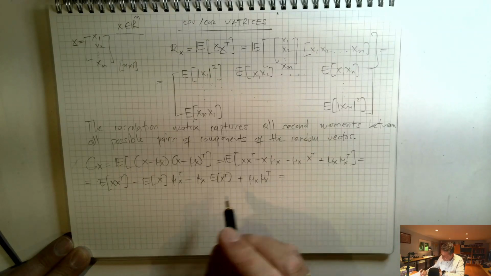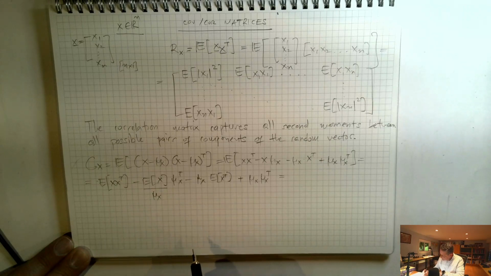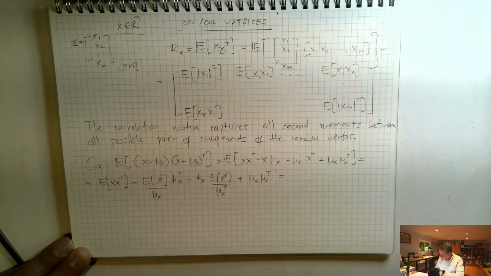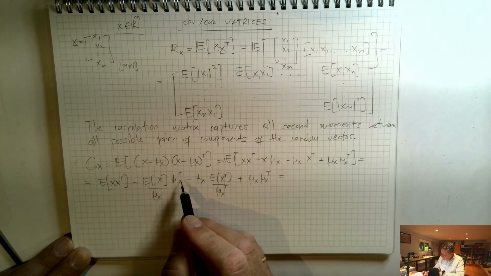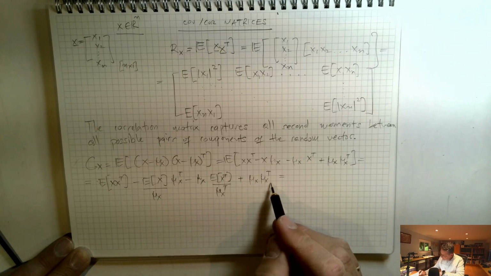All right, so let's look at this now. We have here that the expectation of x is mu x, and this is mu x transpose. So we have here minus mu x mu x transpose, and here plus mu x mu x transpose.